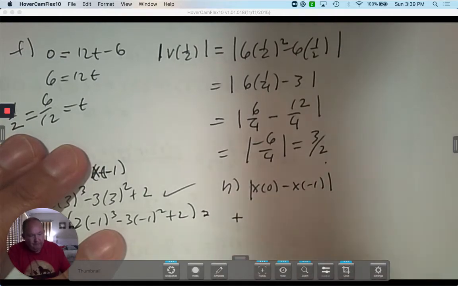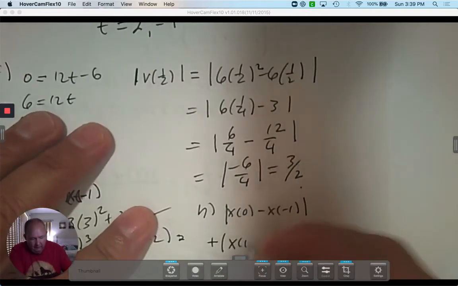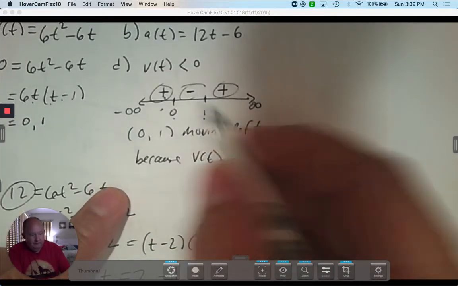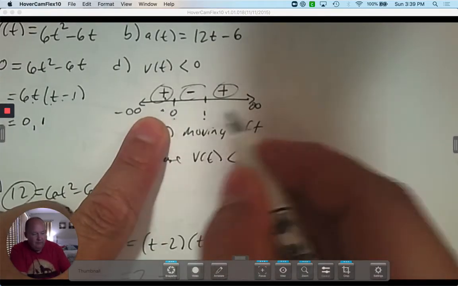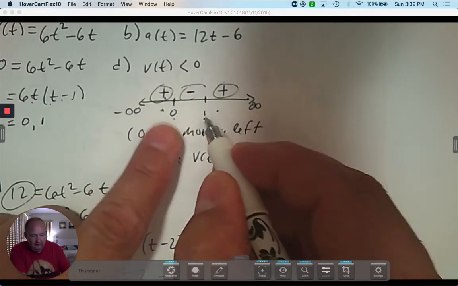Plus, from 0 to 1, this one's going to be a negative answer. So those bars are essential. Plus, the last bit would be, again, we're going from -1 to 3, and whenever it changes direction, we have to chunk it into intervals.